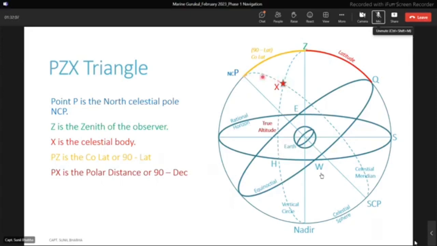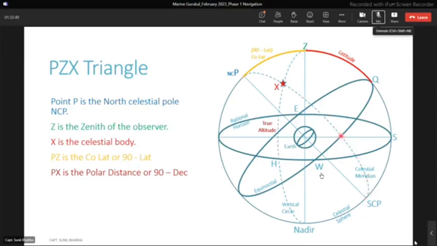Now this particular dotted line which you see going from the north celestial pole, passing through the star and going up to the south celestial pole, this dotted line is the celestial meridian of the star. We discussed the celestial meridian in the equinoctial system. This celestial meridian cuts the equinoctial at this particular point.